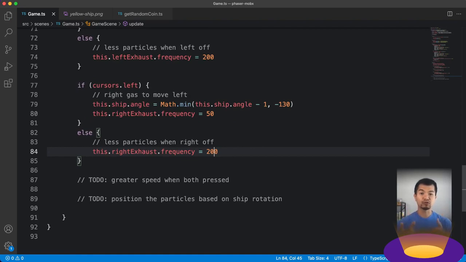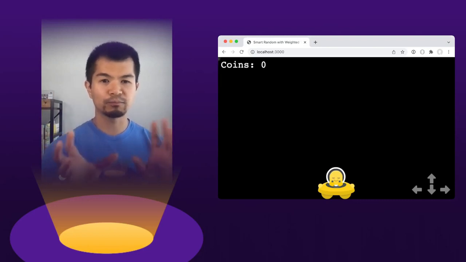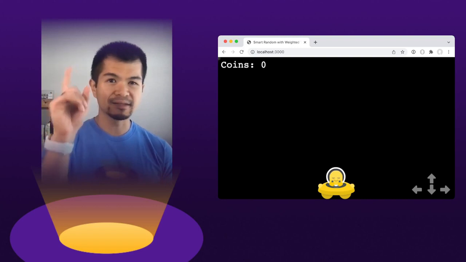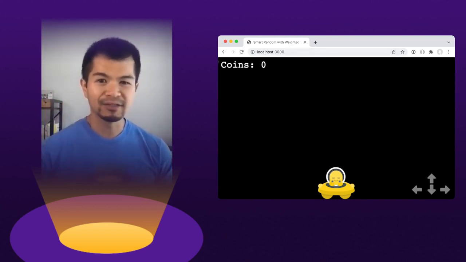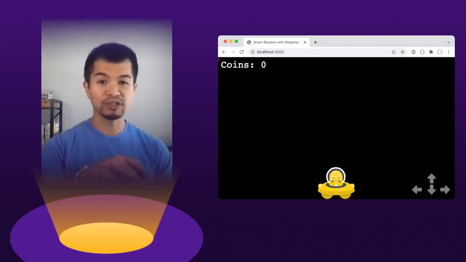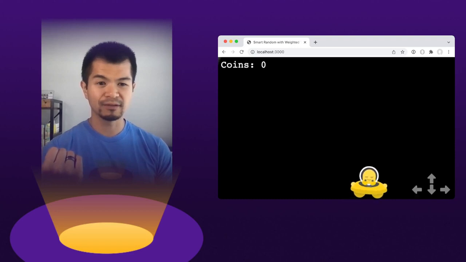So let's actually show you what this looks like now before we add any more code. Okay, we are in this preview here. So you see there's no particles, but they actually are here. They're right here at the top left, right there. There's these white things coming from the very top left. Let's look at our ship and see how that works. So I'm going to press the left key, and so now we rotate towards the left.